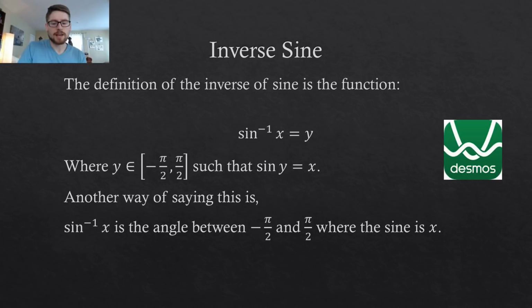Another way of saying this again is sine inverse of x is the angle between negative pi over 2 and pi over 2. So the smallest answer is negative pi over 2, and the biggest answer is pi over 2, where the sine of that angle is x, okay?